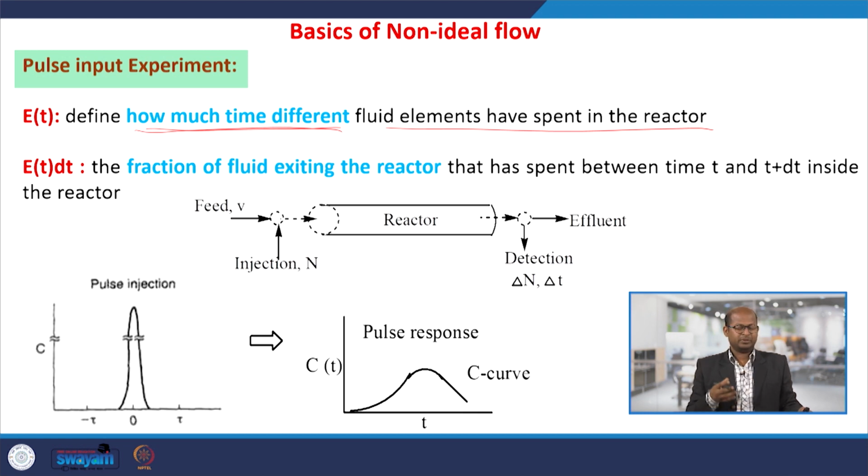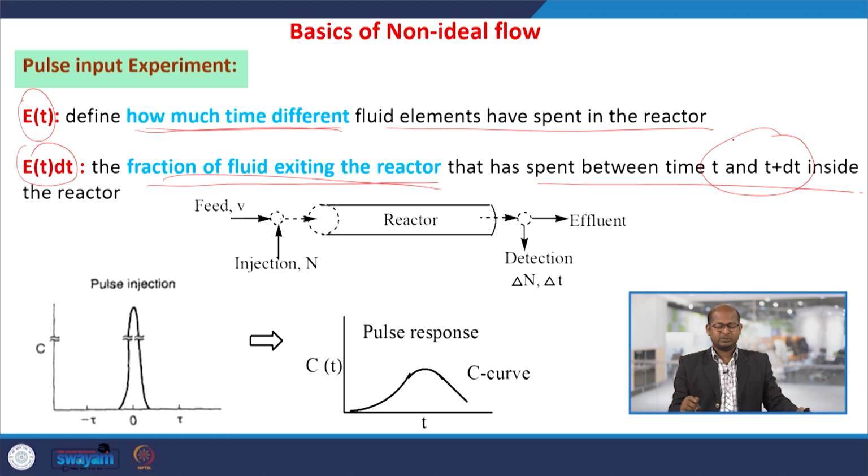If all molecules do not spend equal residence time inside the reactor, then the nature would be different, and from that we can get information. E(t) has units of inverse time. If you multiply it by time, that is the fraction of material that leaves the reactor between T and T plus dt.